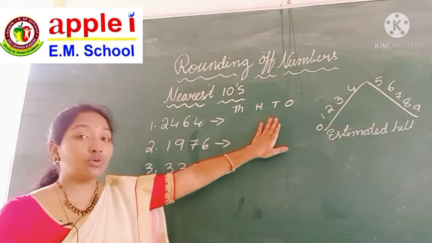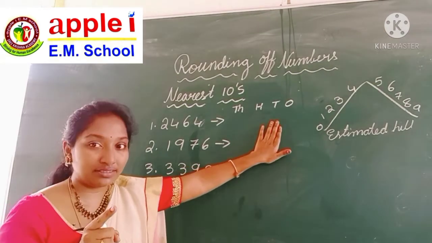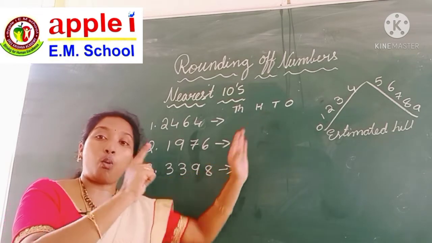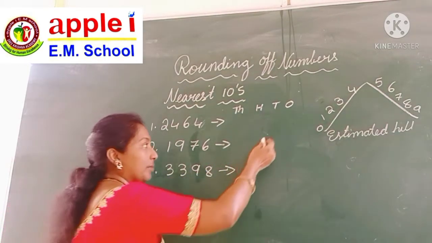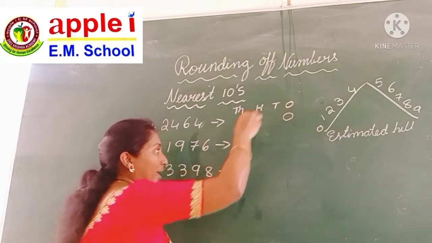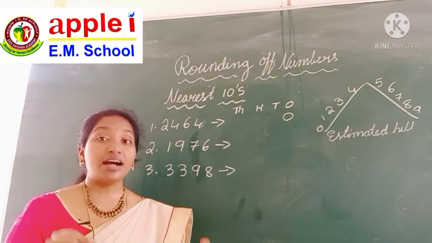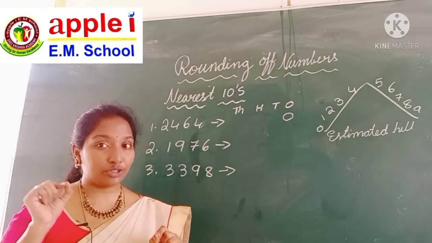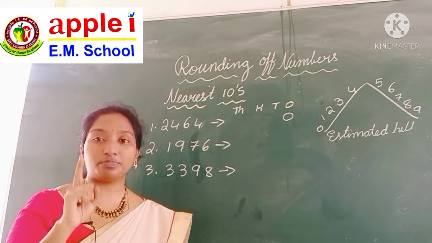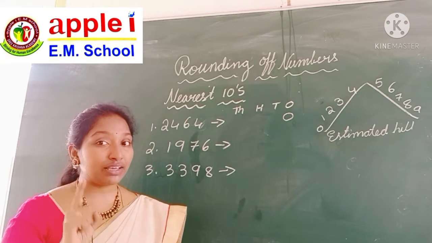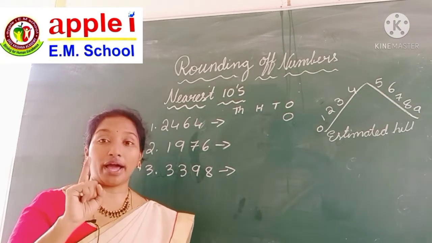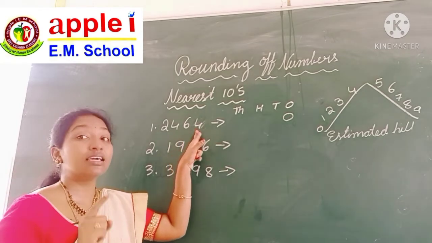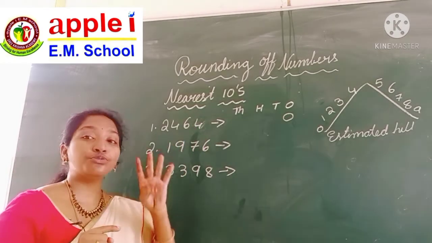So here also we have to keep one 0, in the 1's place. So here I am keeping 0 in the 1's place. Nearest tens means we have to check the 1's place. What is here in the 1's place? Here we are having 4.